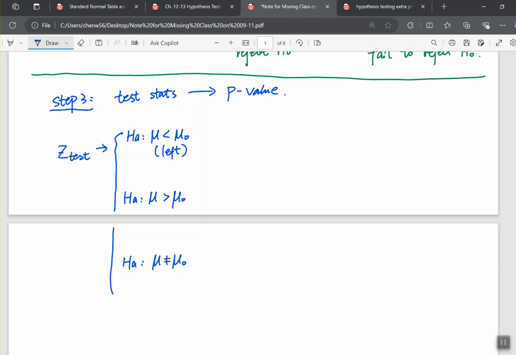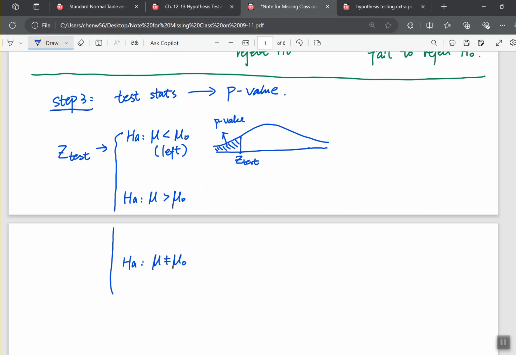If we have the left tail hypothesis, then the p-value will be the left tail, right? We will have our z test statistic from the previous step, and based on this z, the corresponding left tail will be my p-value.